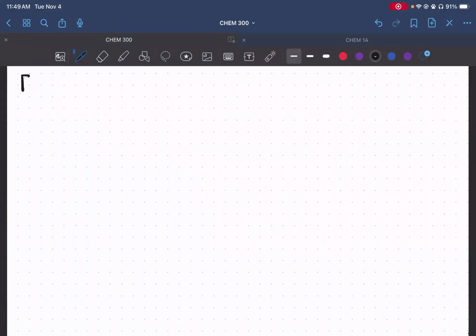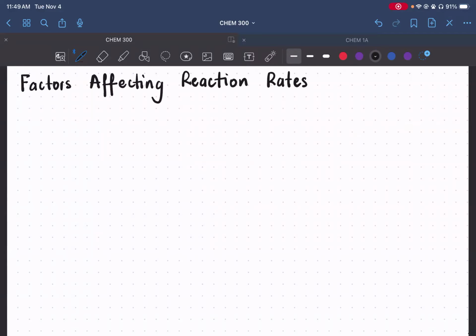Let's talk about factors affecting reaction rates. These factors are given in no particular order of importance, starting with concentration.